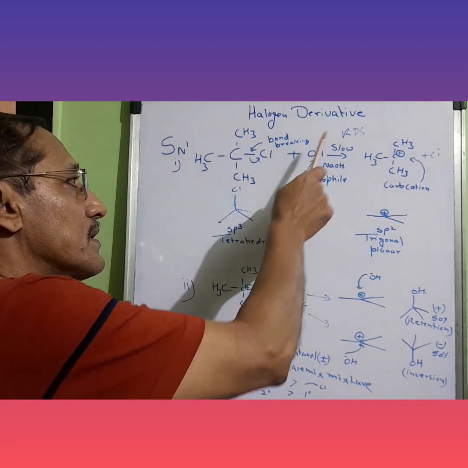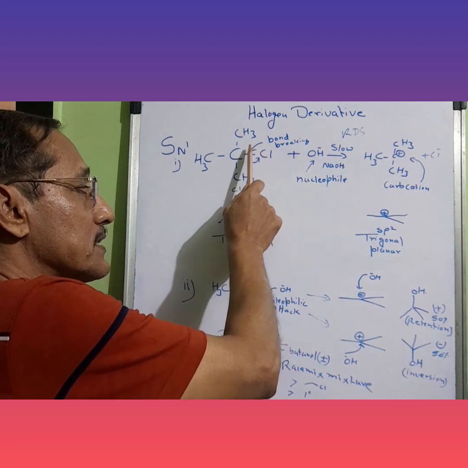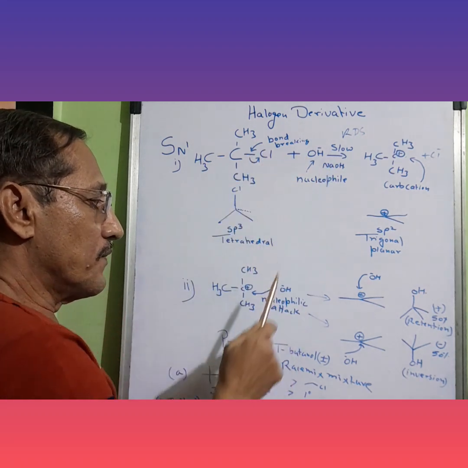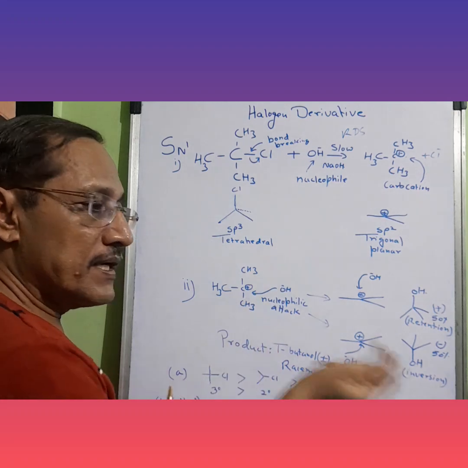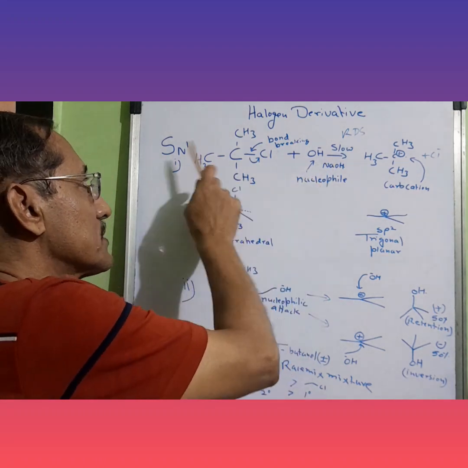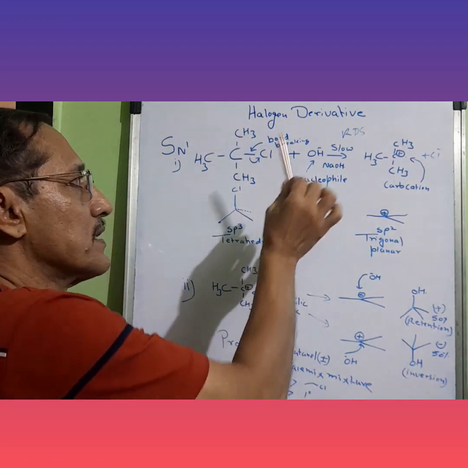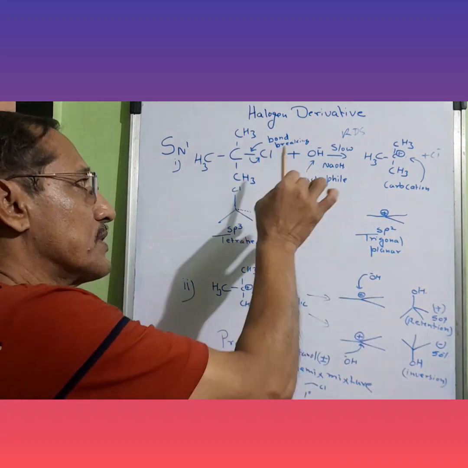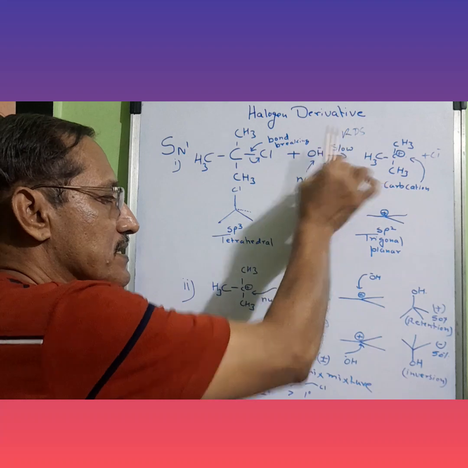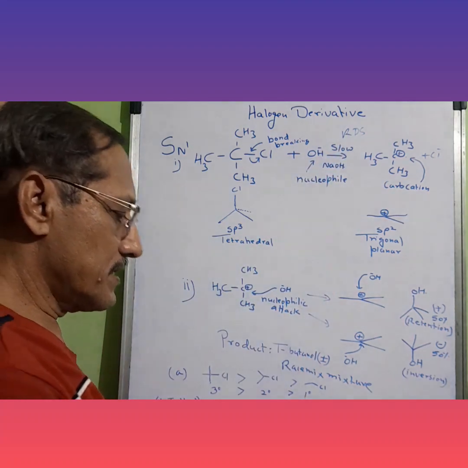This one is very slow because it is bond breaking, whereas here it is a reaction between two charges, so this would be fast. So in this total reaction, it is this step which is very slow, so this becomes the RDS, that is the rate determining step.